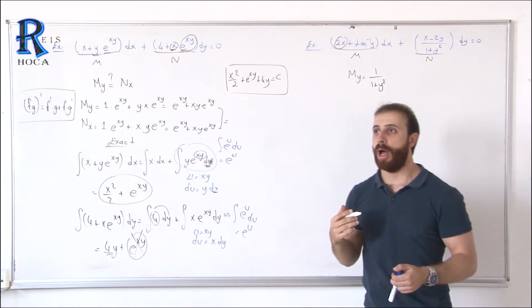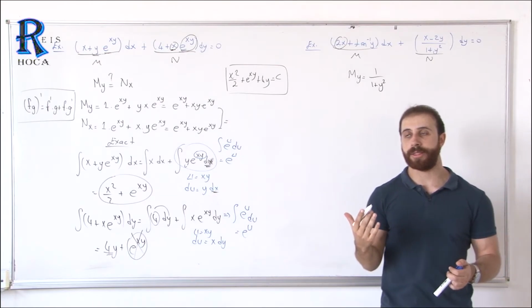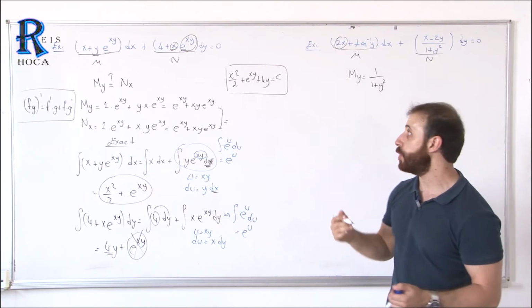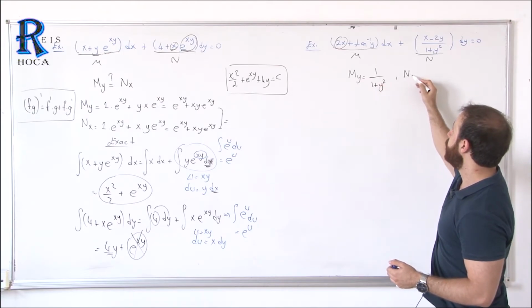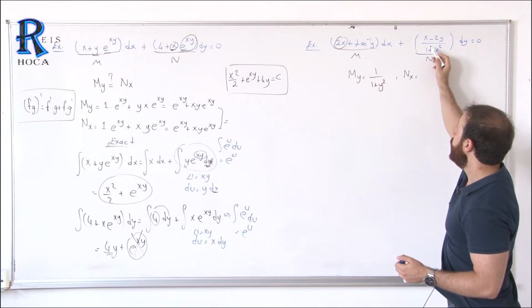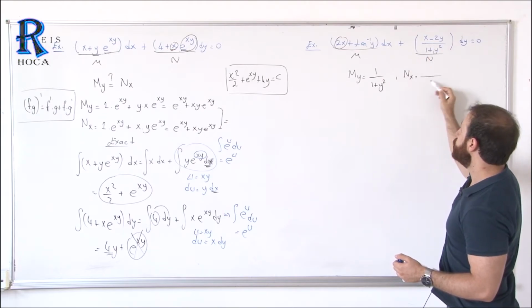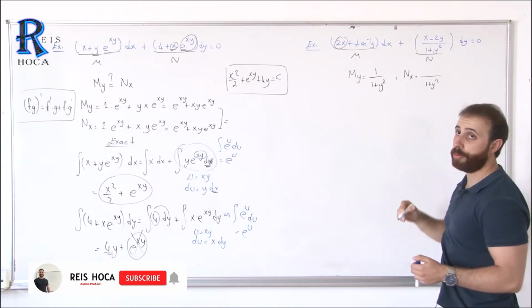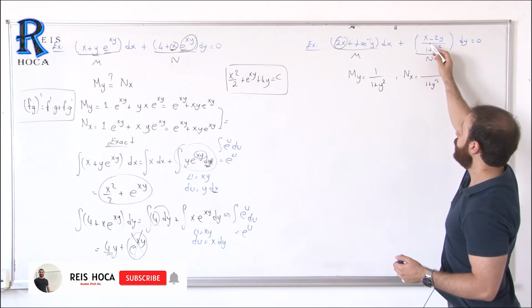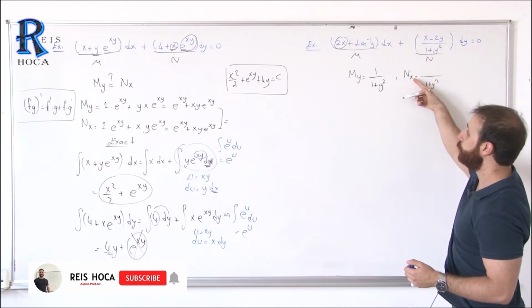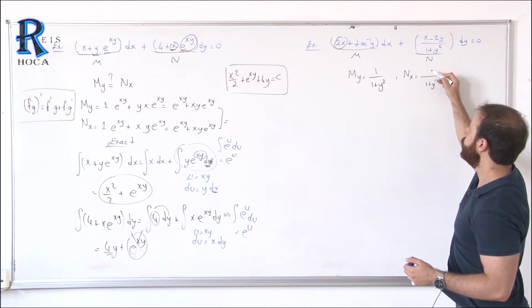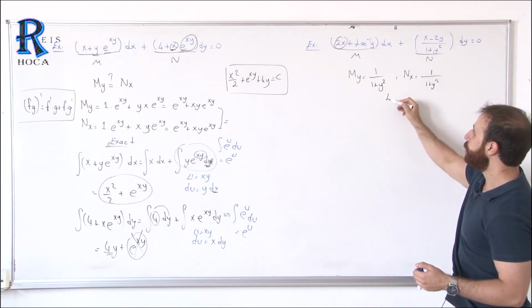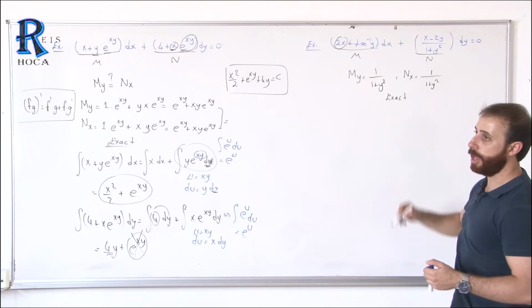Maybe you learned that the derivative of arctan x is 1 over 1 plus x square. Here the variable is y, that's why I wrote it like that. The derivative of n with respect to x: here the denominator is constant and we keep it because it's like a product, and the derivative of x with respect to x is 1 minus 2y, no x, 0, that's why it is 1. So they are equal. This is exact.